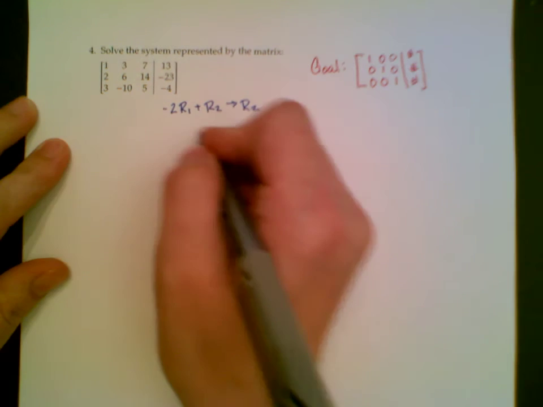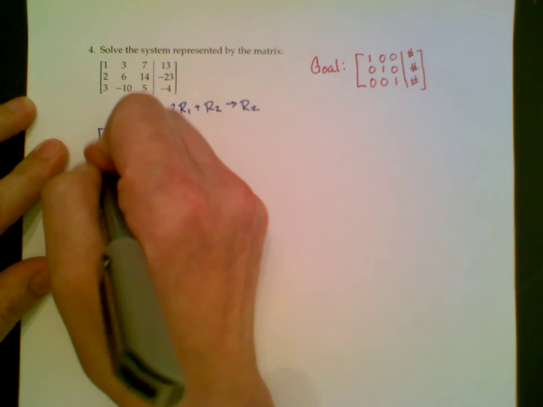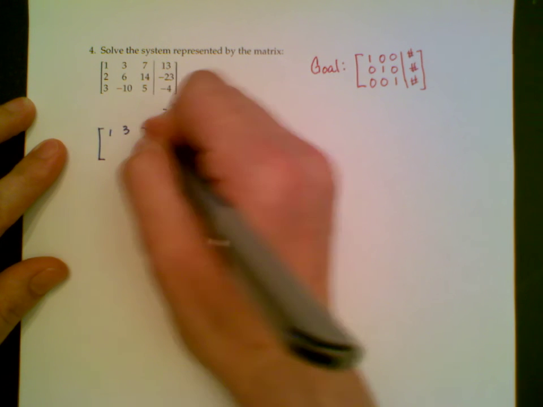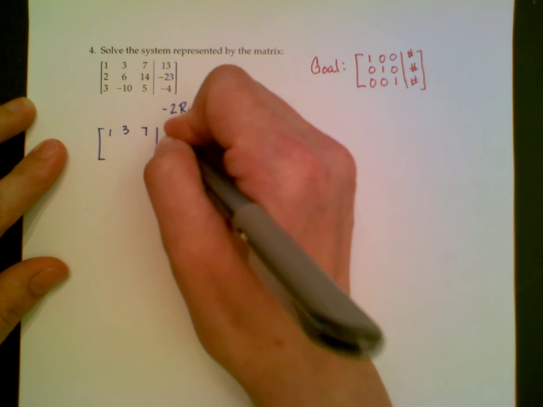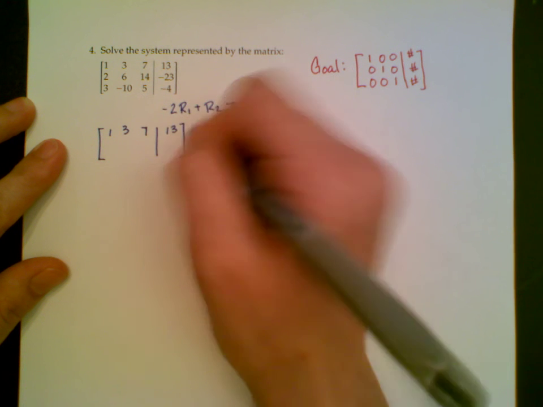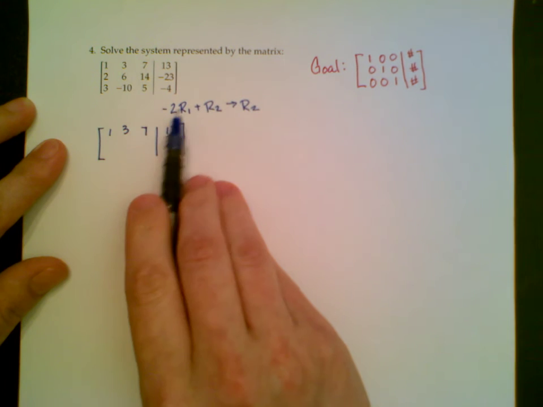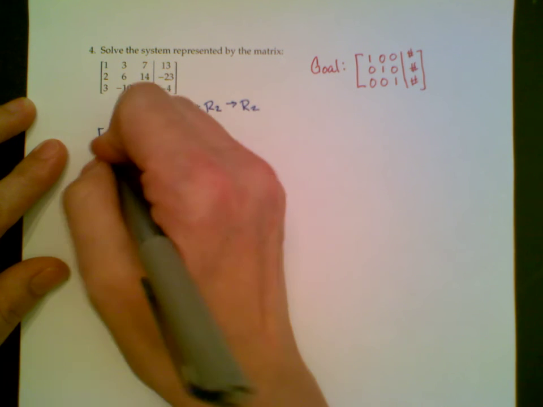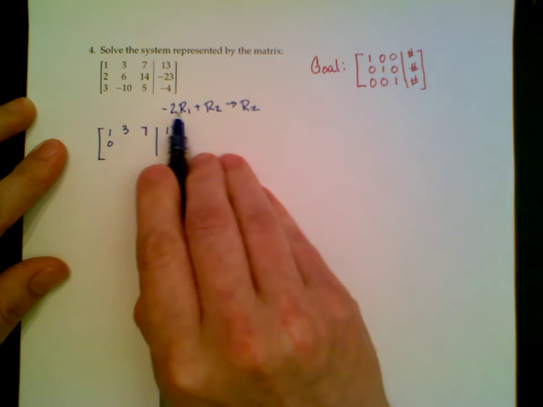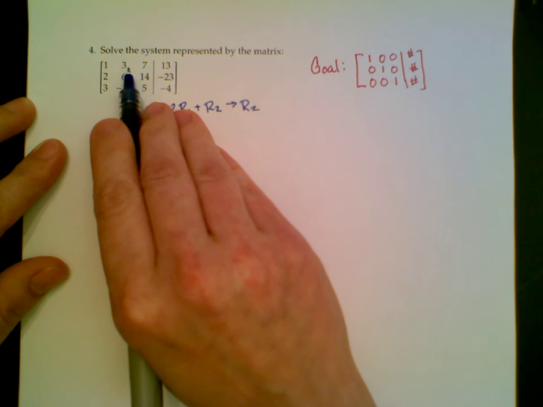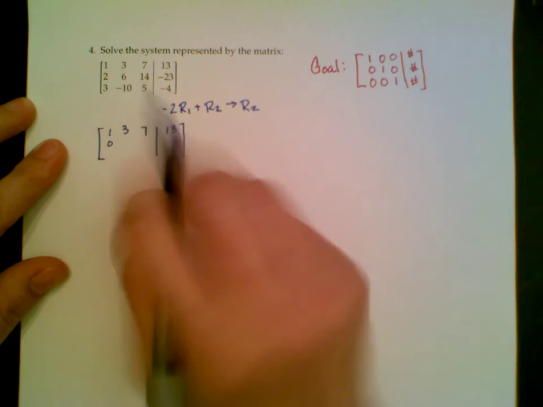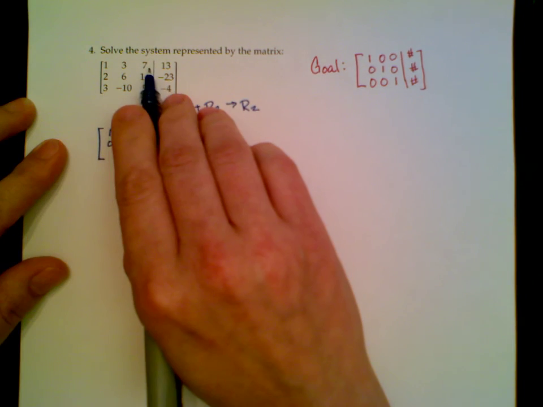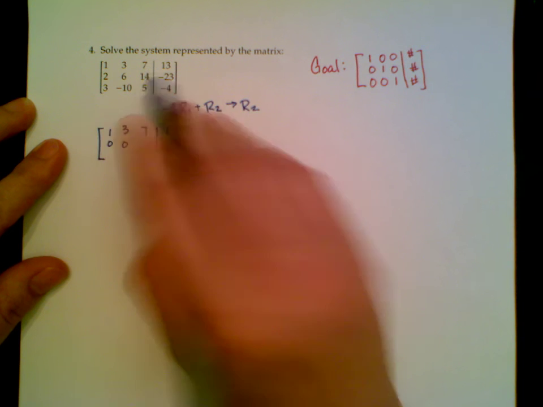Okay. Anyway, this is the 4th example. We've done this a bunch by now. So I'm recopying row 1. And so -2 times 1 plus 2 is 0. -2 times 3 is -6 plus 6, well that's 0. -2 times 7 is -14 plus 14 is 0.